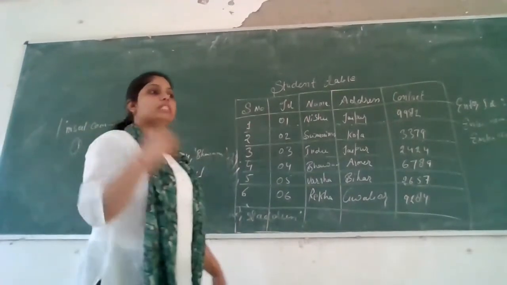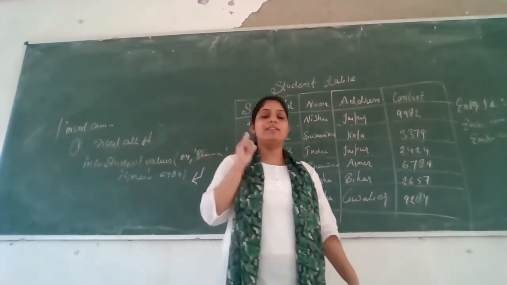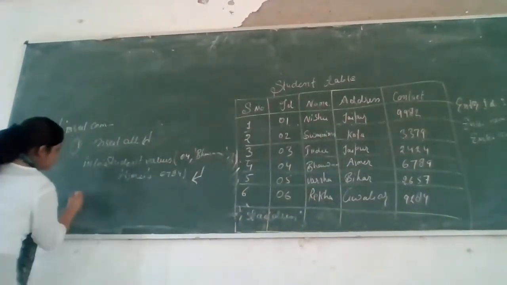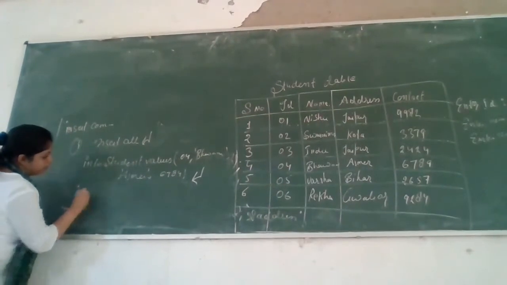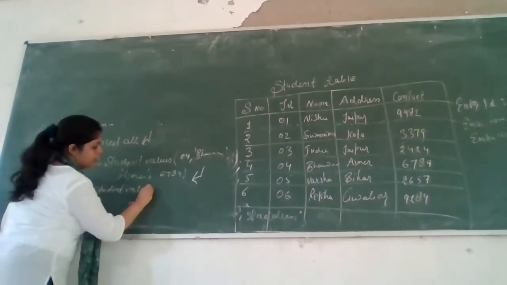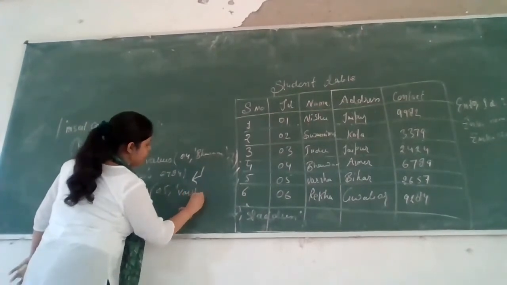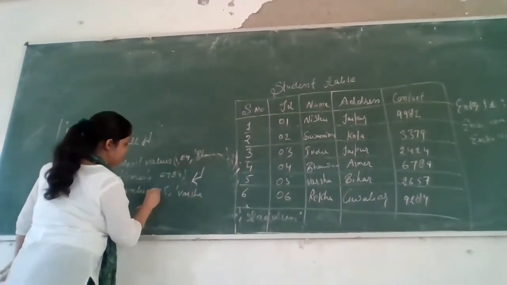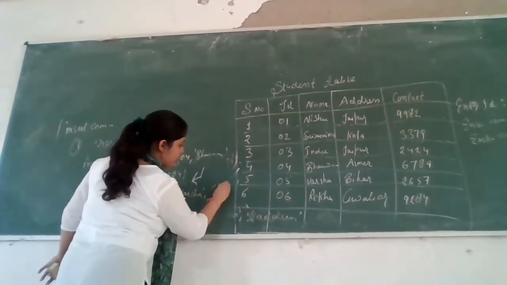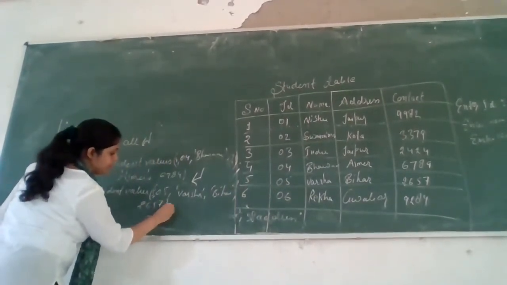If I want to insert 2, 3, 4 multiple tables and multiple rows in a single time, then we use the insert all command. Second, into student values, value is 5, Varsha, Bihar, 2657.